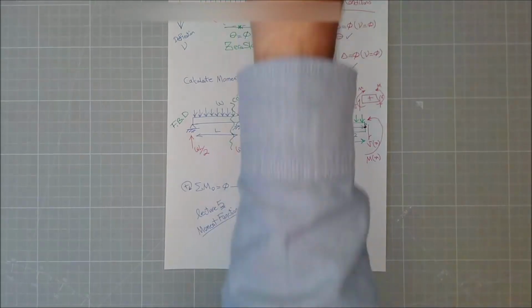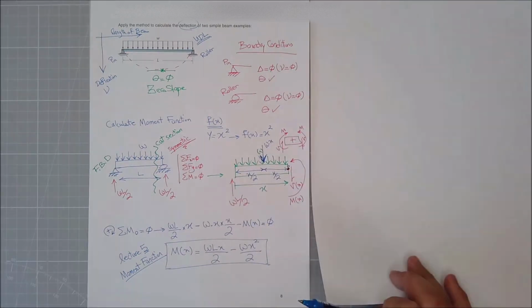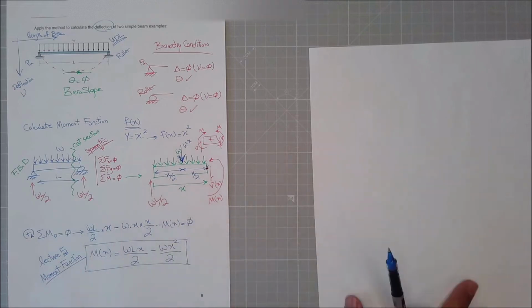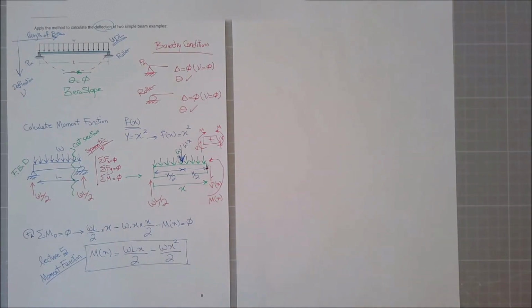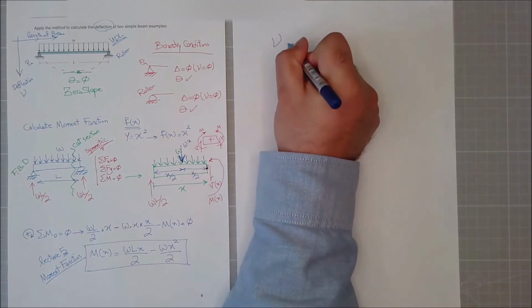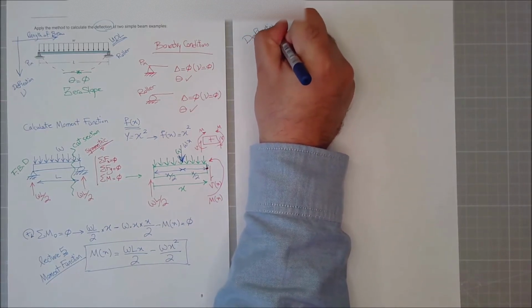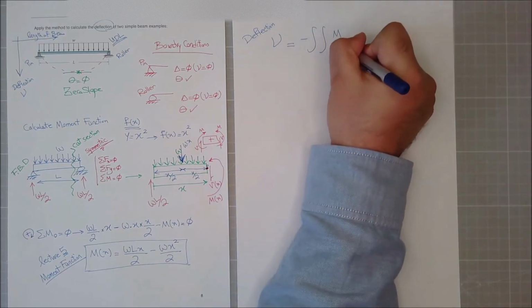Now let's zoom out. I now have the moment function, perfect. But what was I looking for? I was looking for the deflection. And we said deflection is calculated with such a formula.